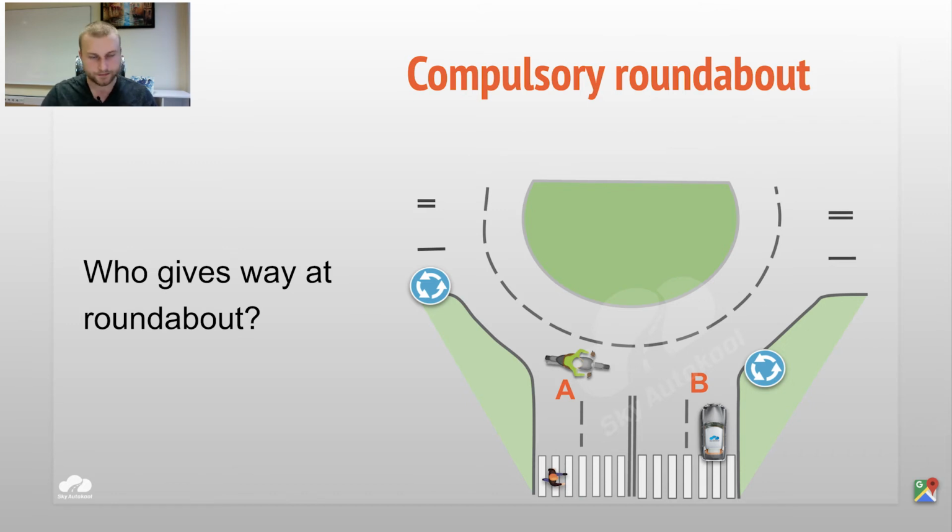For example, car B. But actually, in this case, you see that we don't have any give way signs or other priority signs. So means that A has to give way to the B, right? We don't have any give way signs, means right-hand rule applies here.